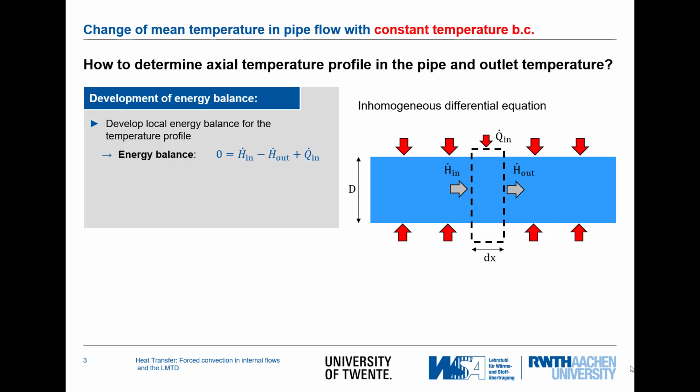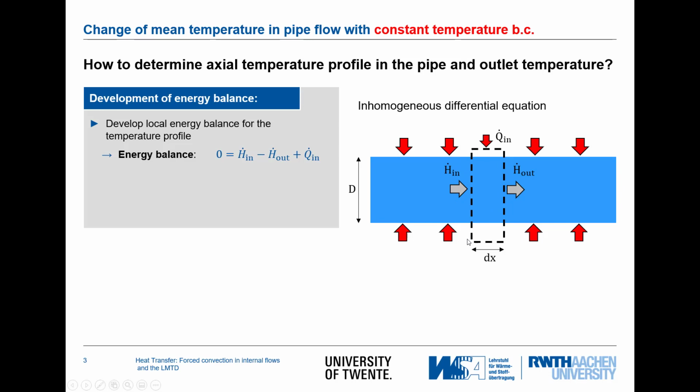To introduce the logarithmic mean temperature difference, we will start with the same kind of flow configuration. We have a flow going in here and we have a heat flux coming from the sides, but instead of prescribing a heat flux as a boundary condition, we now start with a constant temperature at the wall.